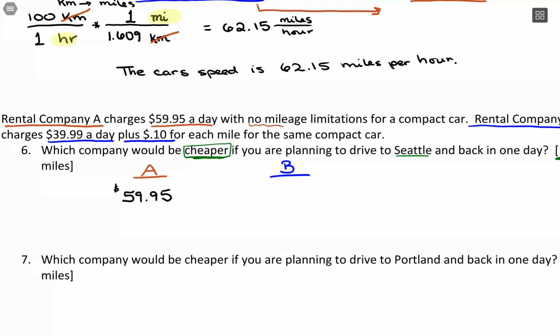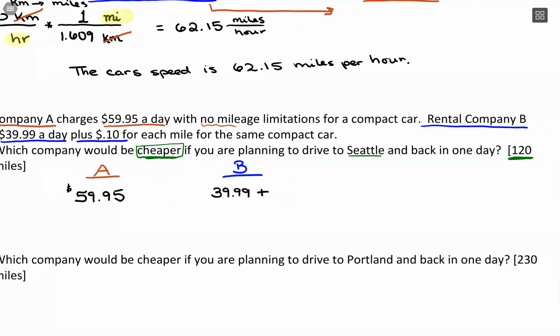For rental company B, we're going to have the $39.99 charge plus 10 cents for each mile. Now this calculation is 10 cents per mile, so I want to add on 10 cents for each mile that we travel, which will be the 120 miles. The calculation that comes through with that is multiplication. So we take the 10 cents times 120 to figure out how much we're adding on for mileage.